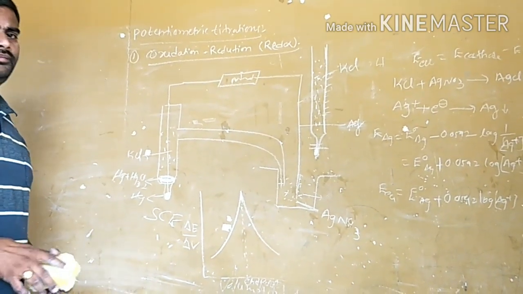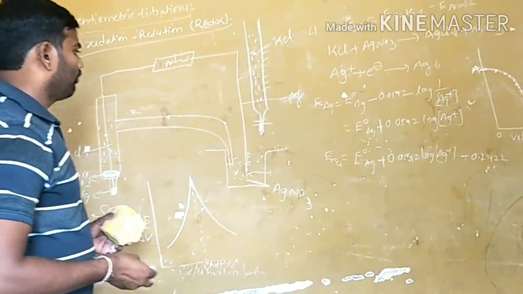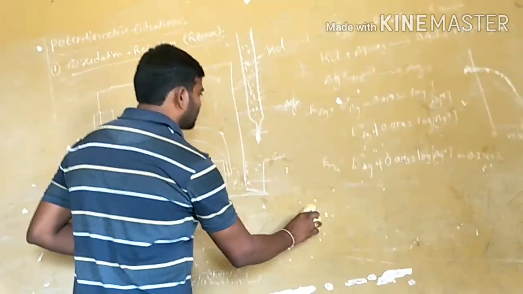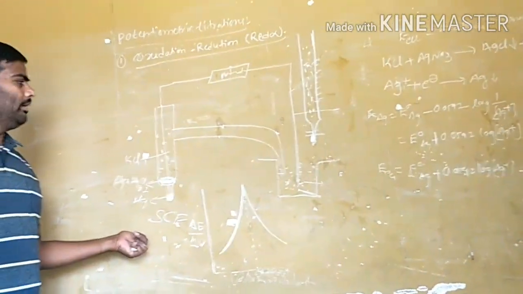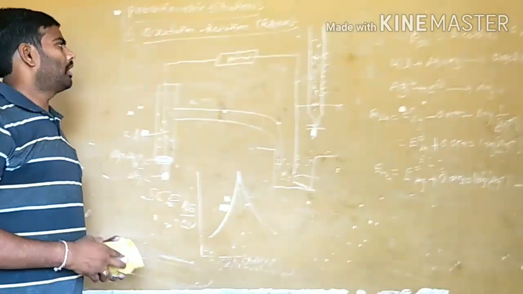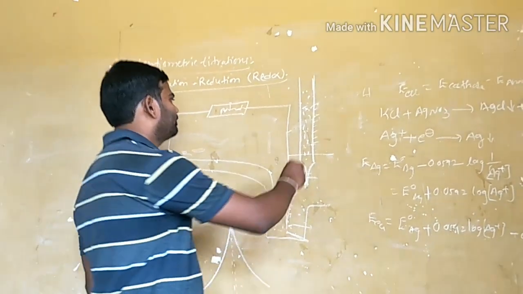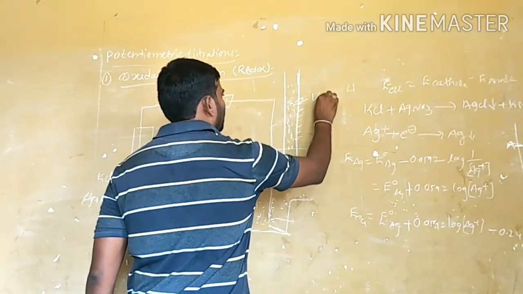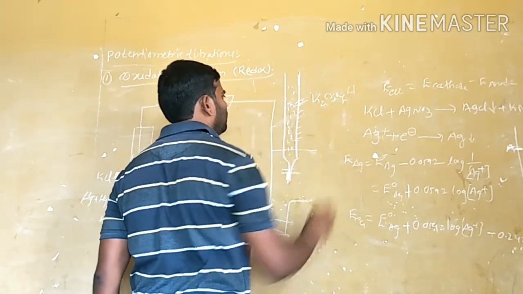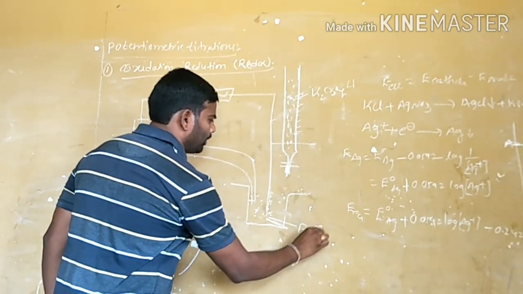In this case, the reference electrode is the same saturated calomel electrode, and the indicator electrode is taken in the unit with potassium dichromate solution, K2Cr2O7, and we take the Fe plus 2 ions.